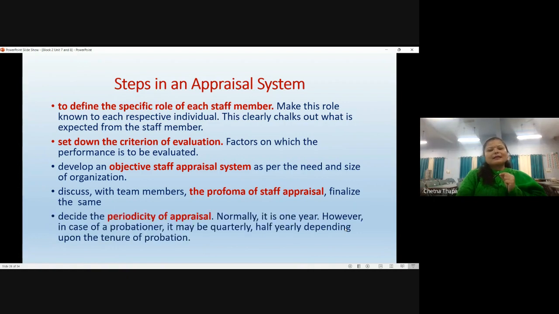And lastly, you need to decide the periodicity of the appraisal. Normally the staff appraisal is done once a year after completion of an academic year. However, when you have a new hire or somebody who is on probation, then it might be done quarterly or half yearly depending on the tenure of the probation.